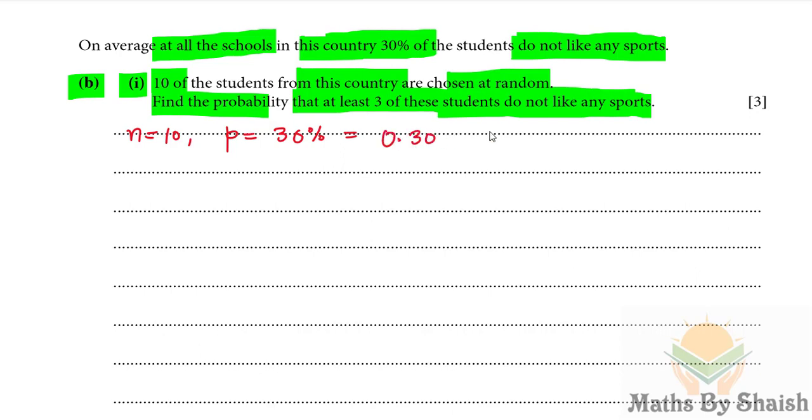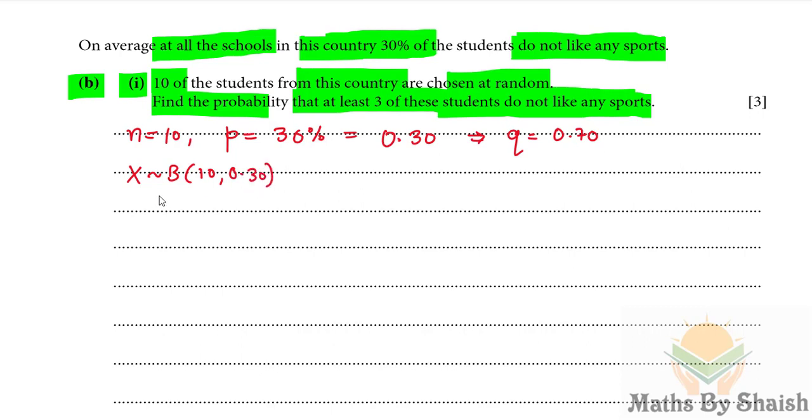Hence the failure, meaning they like some sport, is Q equals 1 minus P, which is 0.70. Now in that case it is a binomial question, so we can take X as the number of students who do not like any sport, so X is binomial with N equal to 10 and success probability 0.30.